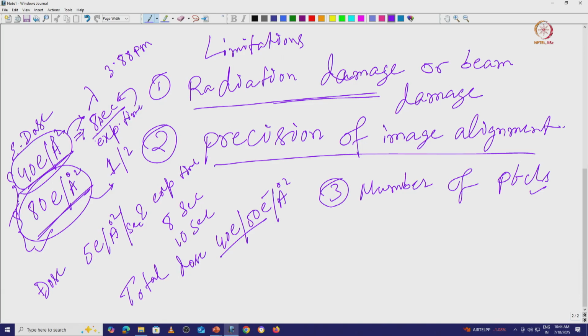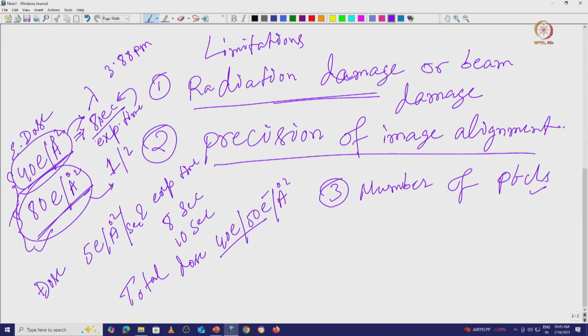So if you have a very small data set and you are trying to calculate the average from it, it will not satisfy all the Euler angles, and that will give you a very low resolution structure.